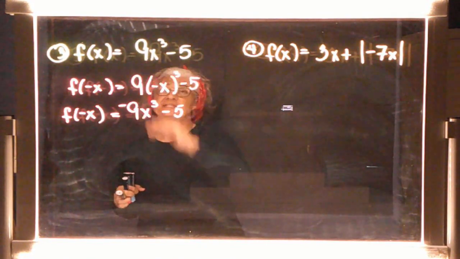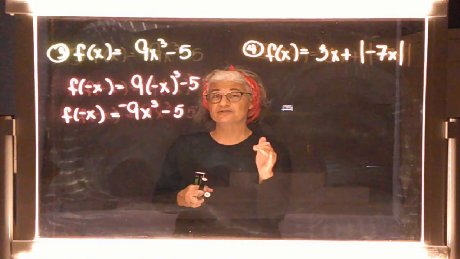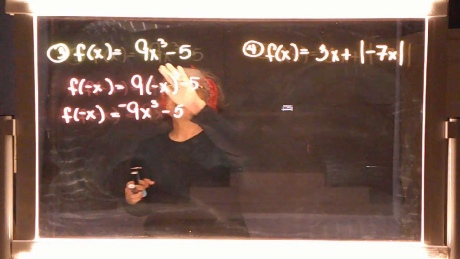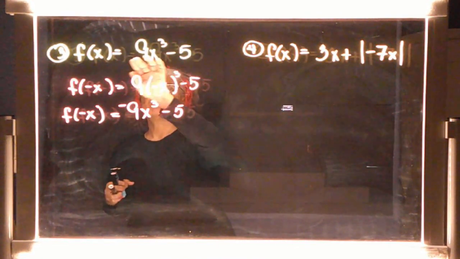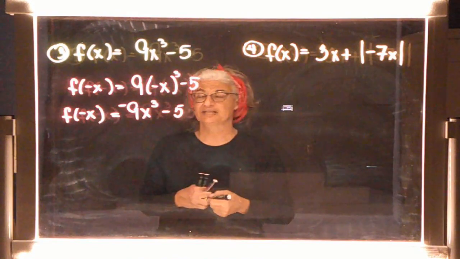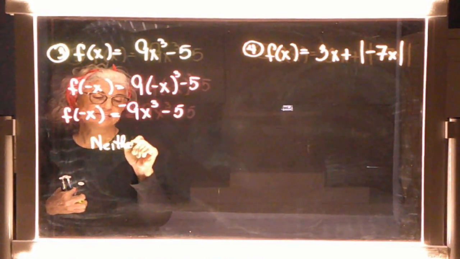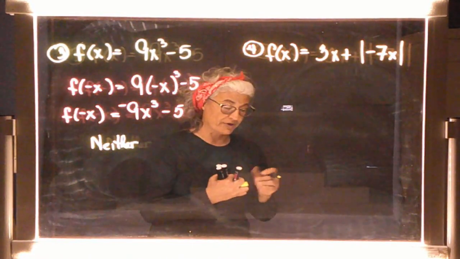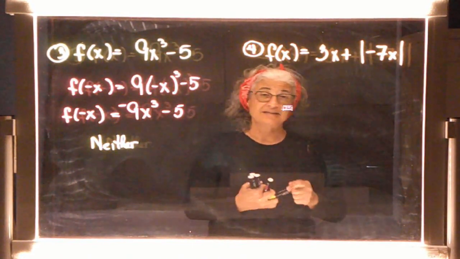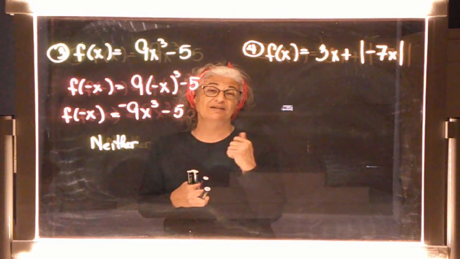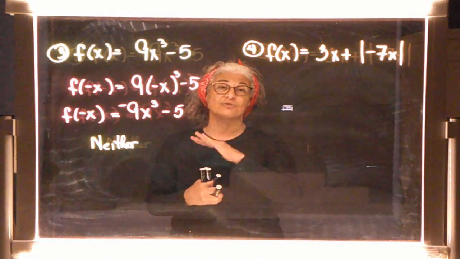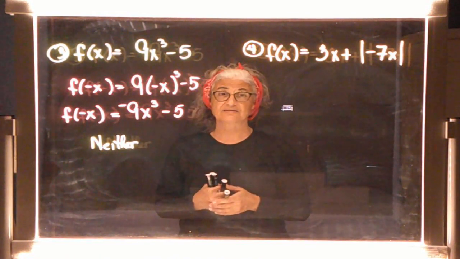No, because it's not the exact same. Is it an odd function? No, because it doesn't look like both terms got multiplied by a -1. This one's neither. It's neither odd or even, which means it doesn't have any y-axis or origin symmetry either. Got it?